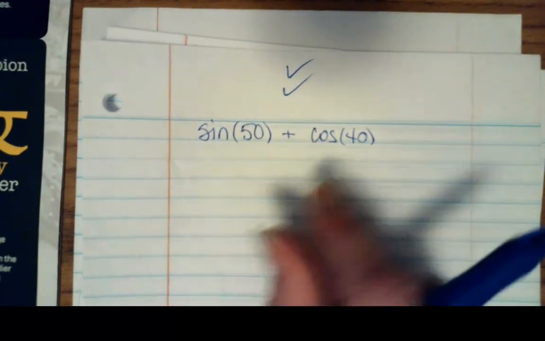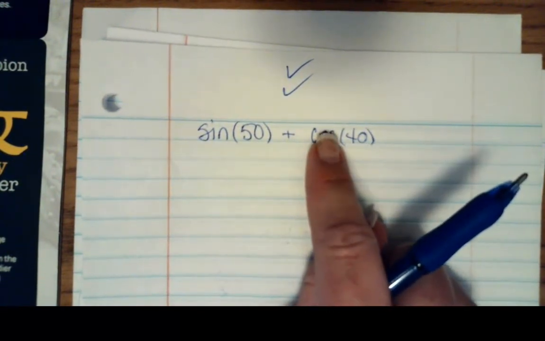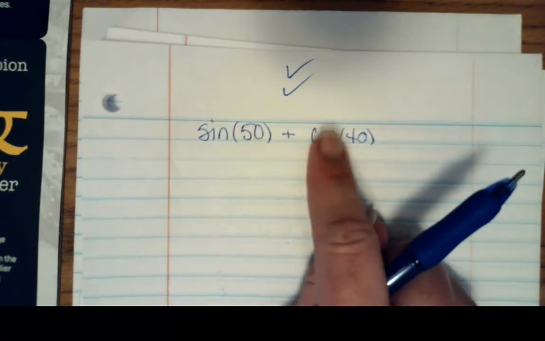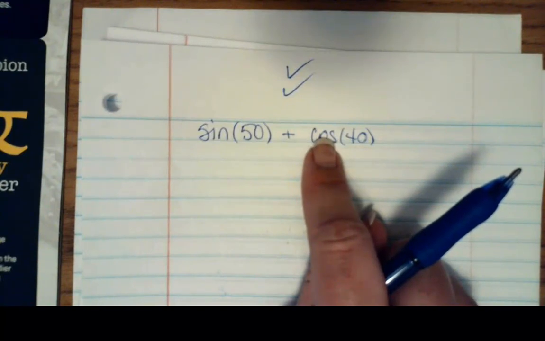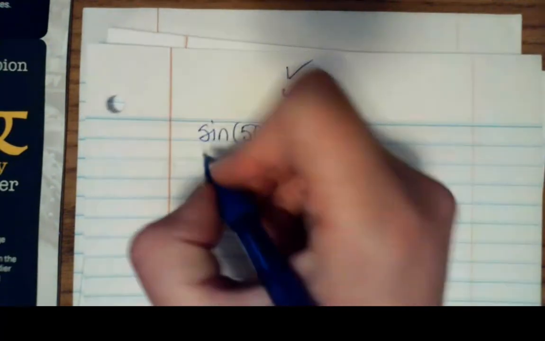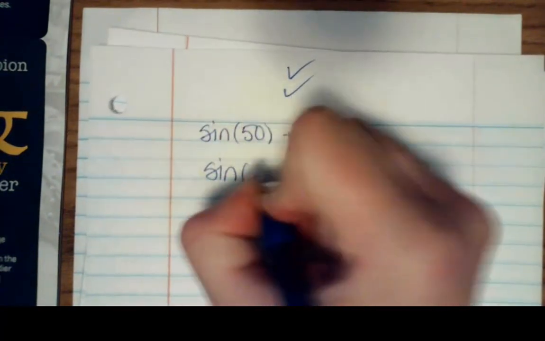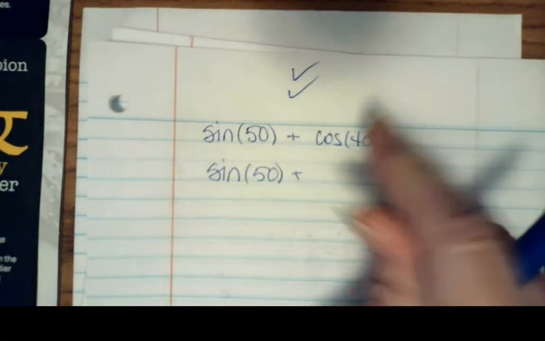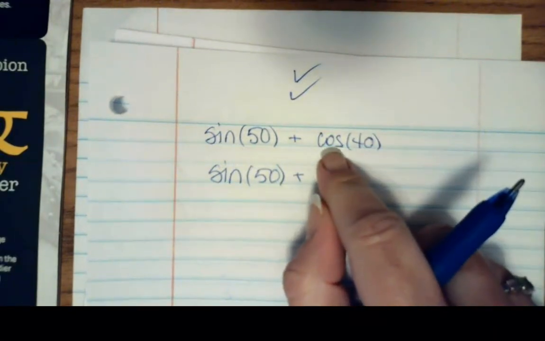That means what I can do is apply an identity, and because they are cofunctions, and this is kind of weird, I can change this to the sine. So I'm going to change the cofunction of the complement. This is going to stay the same for a second. It's going to be the sine of 50. What is the cofunction of cosine?